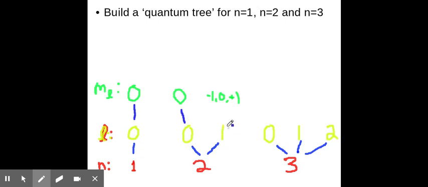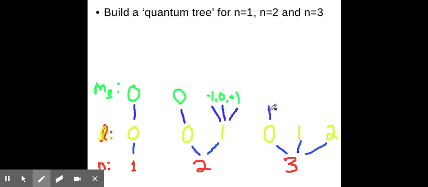And if the shape is 1, then there are 3 possible ML values, or 3 possible orientations within that particular shape. There's the negative 1 orientation, the 0 orientation, and the positive 1 orientation. All right, so let's fill this one in as well.